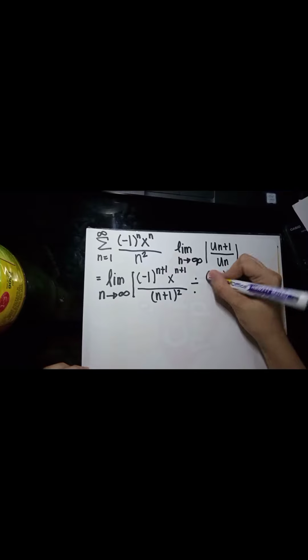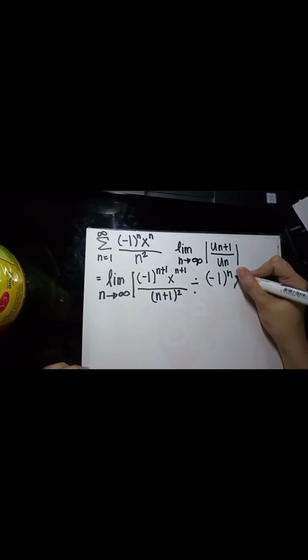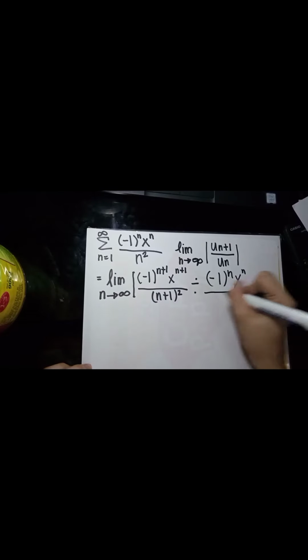negative 1 raised to n times x raised to n over n raised to 2. So we can remove the negative 1 raised to n plus 1 and negative 1 raised to n.